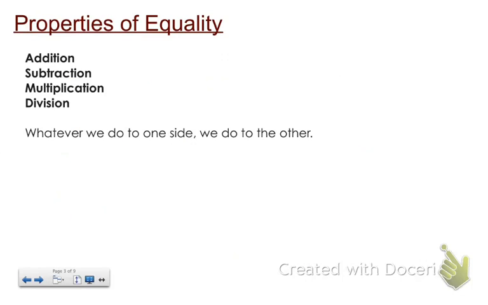Okay, so just like with expressions, we're going to talk about justifying what we're doing while we're solving. The new properties that will come into play with equations are the properties of equality. Whatever we do to one side, we do to the other, and that's a property of equality. So for example, if we're subtracting 2 from both sides, that's the subtraction property of equality.